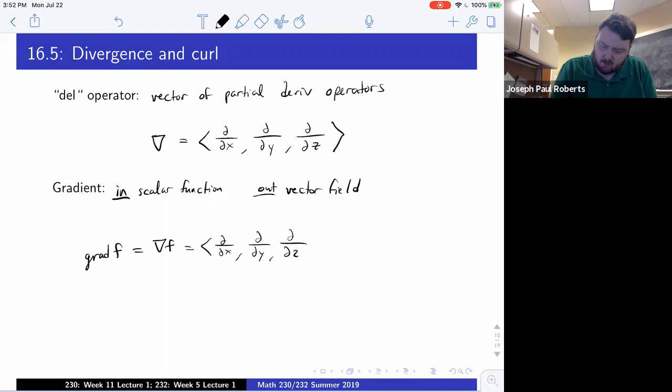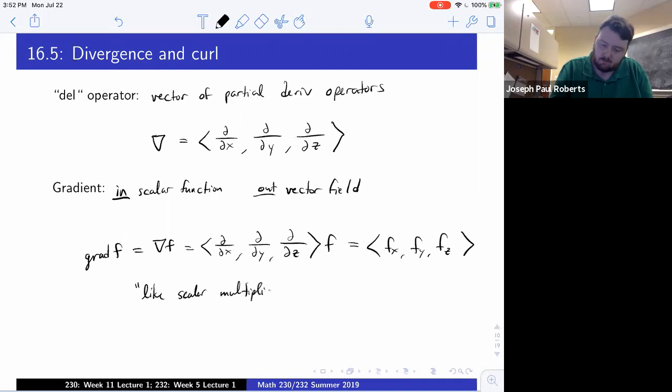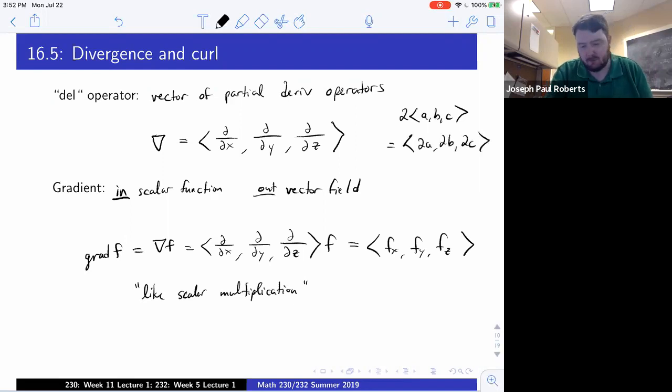It's the opposite order that we usually would have thought about for scalar multiplication, but essentially what you're doing here is like scalar multiplication. Remember, if I'm doing 2 times a vector a, b, c, you distribute the scalar factor to each component. That's what I mean by it's like scalar multiplication. And that's the idea of gradient.